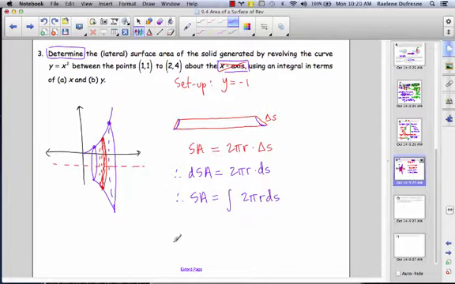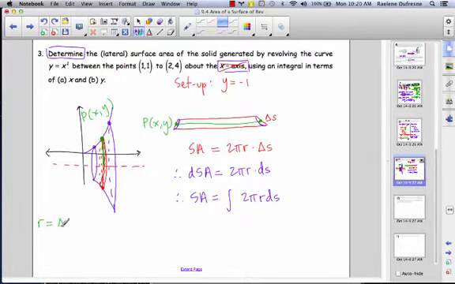So we have to decide whether we want to integrate with respect to x or to y. And we're going to take our typical point here. Let's call it point P, (x, y), and we can have that point P along here, which produces a circumference of 2 pi r. Now we know that the radius here is going to be a change in y.